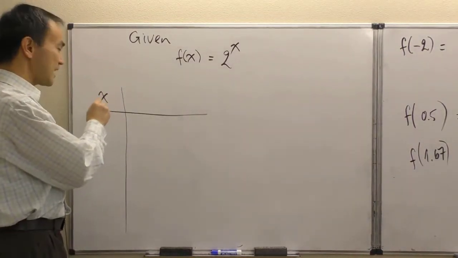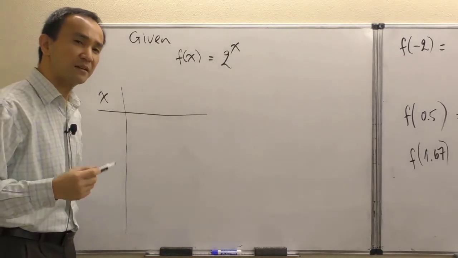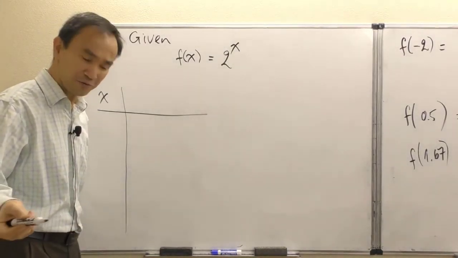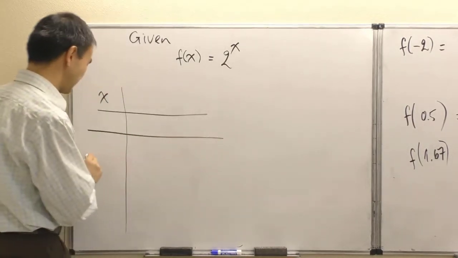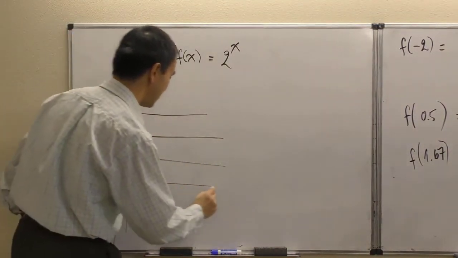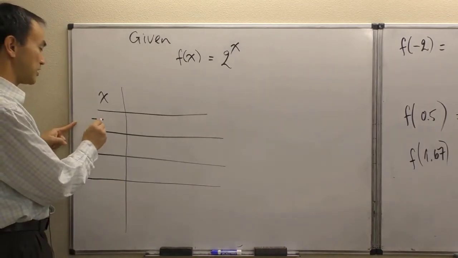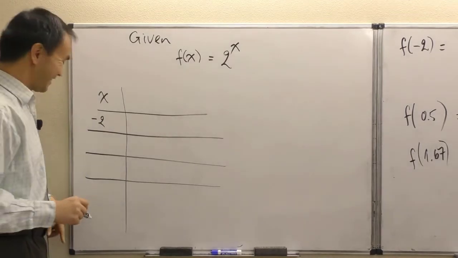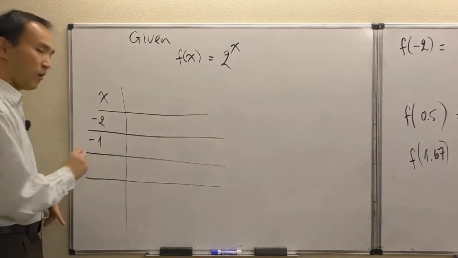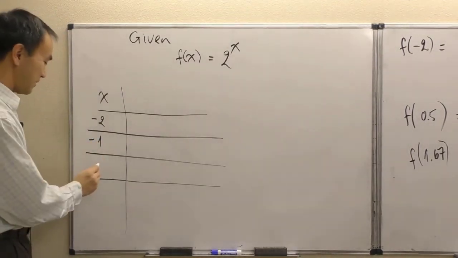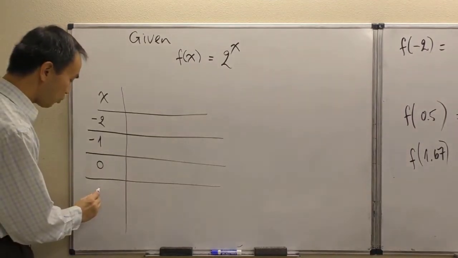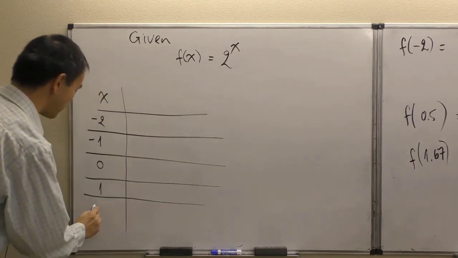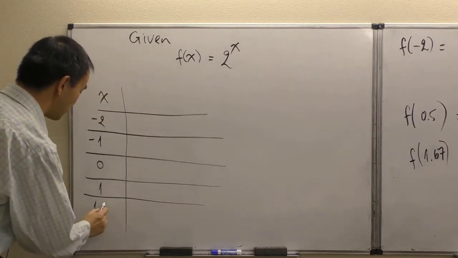So how about the x here? We tried x was -2 and x was -1. We tried with input 0. We tried quite a few, and so now in a certain order, -2 was the lowest input we ever tried. Let's put it in for our x column right here. Then input -1, we also tried with that, and input 0, and input 1, and we even tried input 1.67.